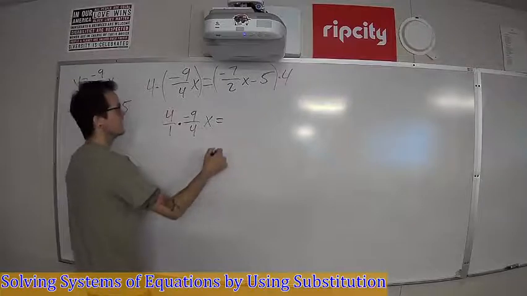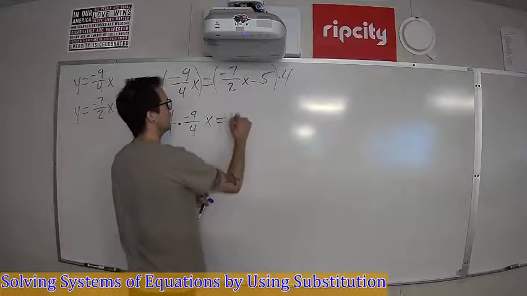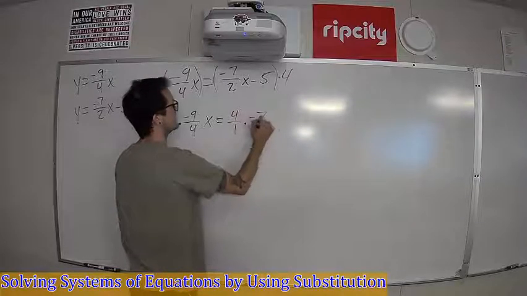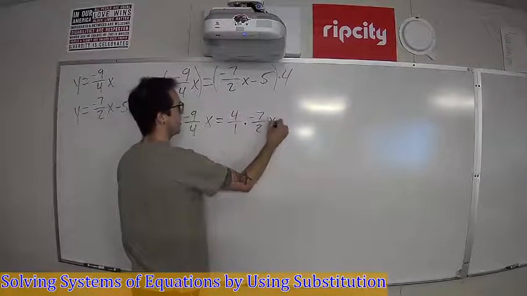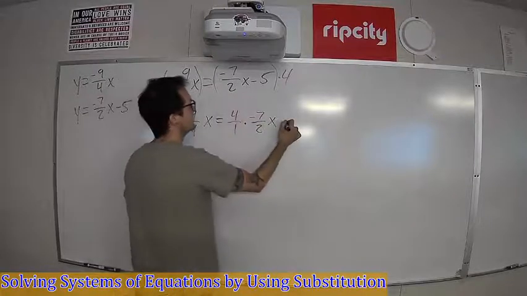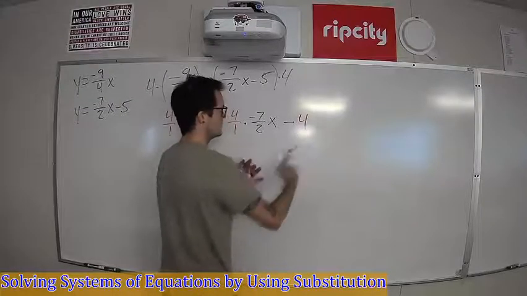On the right-hand side, we're multiplying everything by 4, so it's going to be 4 over 1 times -7 halves x. So that's the first term that we multiplied by 4. The second term is going to be 4 times 5.